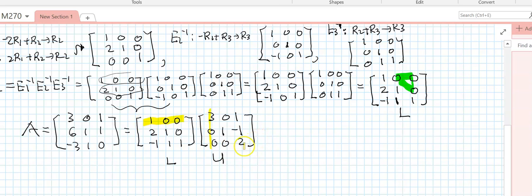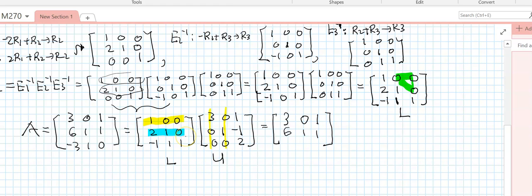So the first row equals 3, 0, and the last one is 1. Multiplying the second row gives 6, 1, and the last one is 2 minus 1, which is 1.